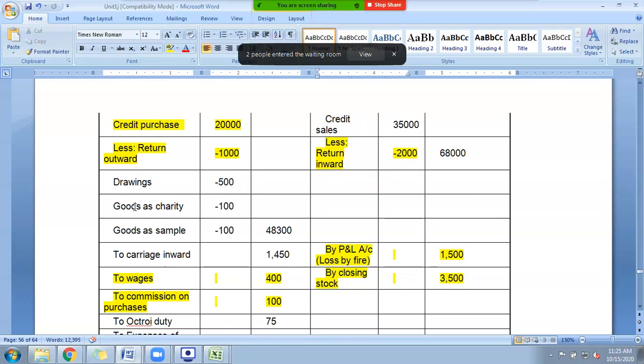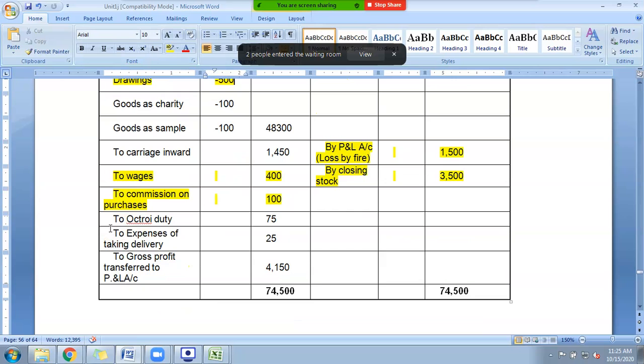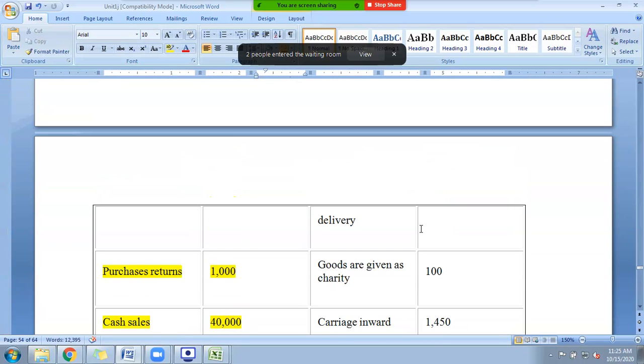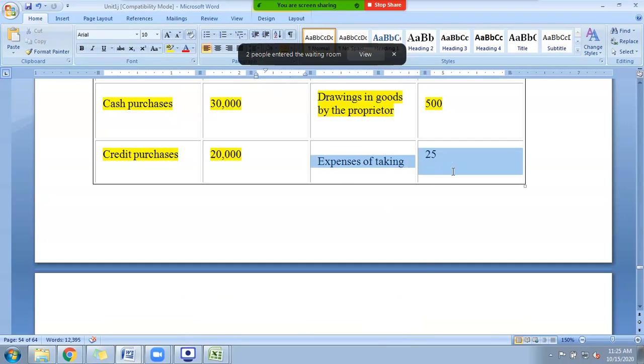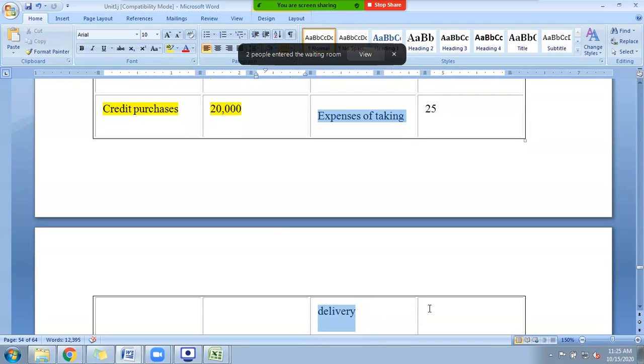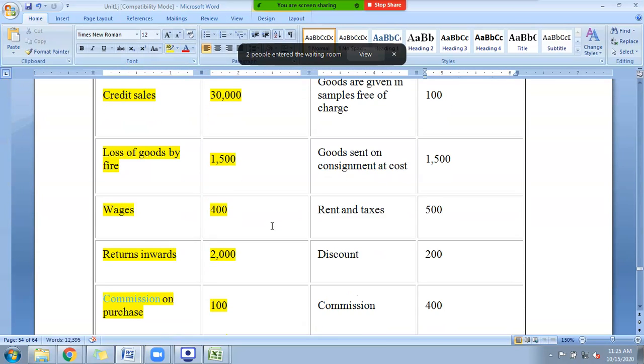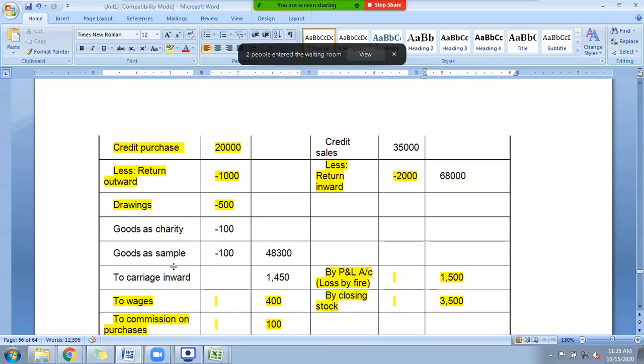Correct? For his own purposes he has taken goods worth 500 rupees, and octroi duty 75. We have also seen this entry. Clear? Expenses of taking delivery. So delivery expenses. Whenever I pay expenses, it is for my own goods and services. Clear?